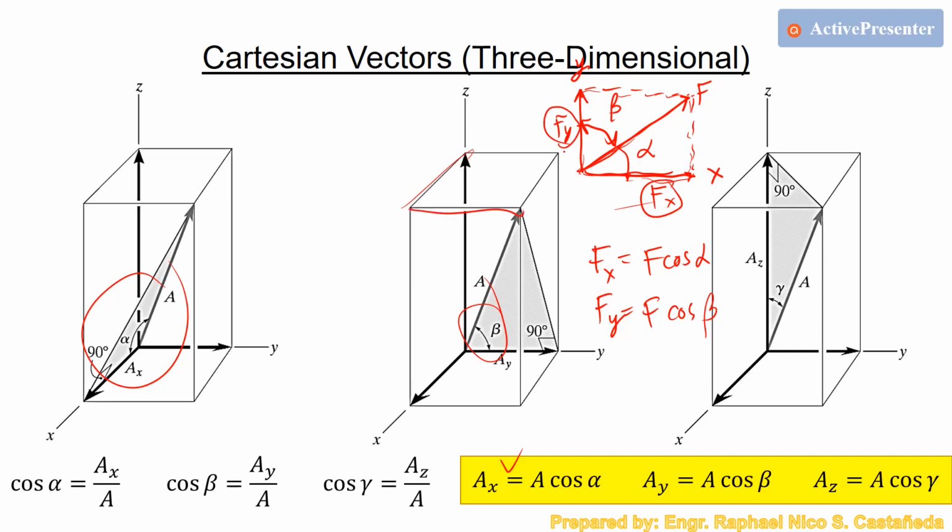For three-dimensional, it forms a shoebox, which is a solid, wherein the dimensions of the shoebox represent the components Ax, Ay, Az of the vector A.